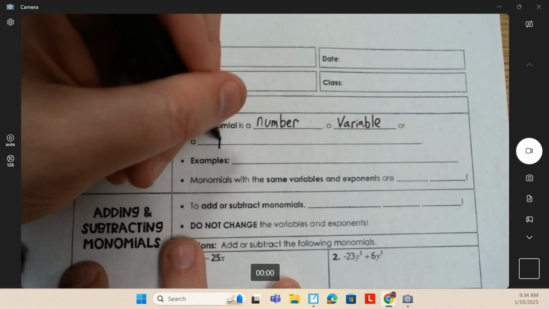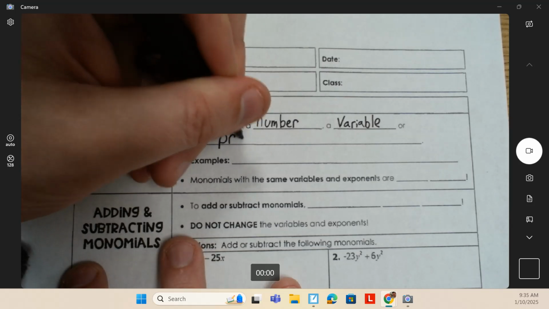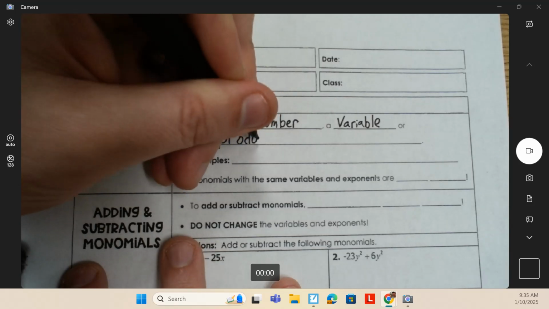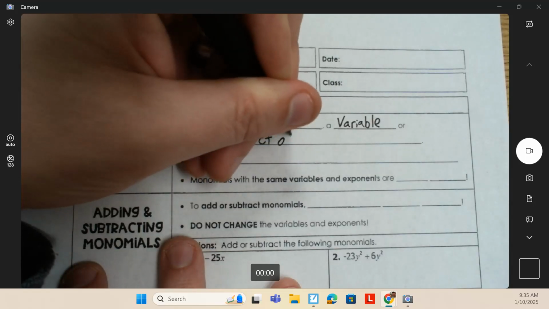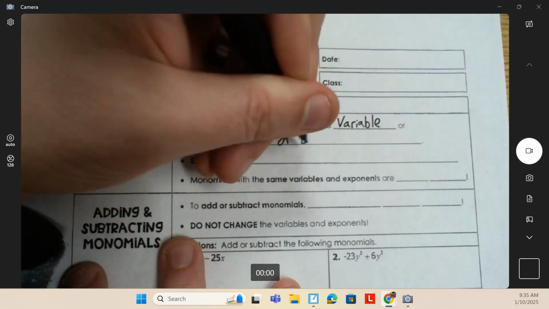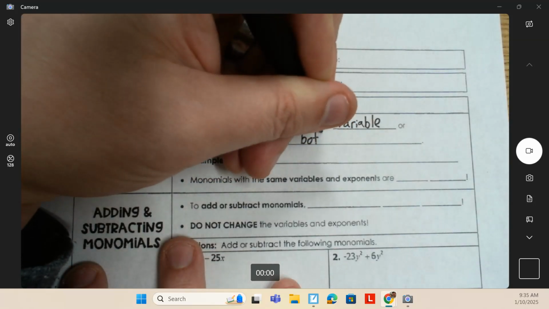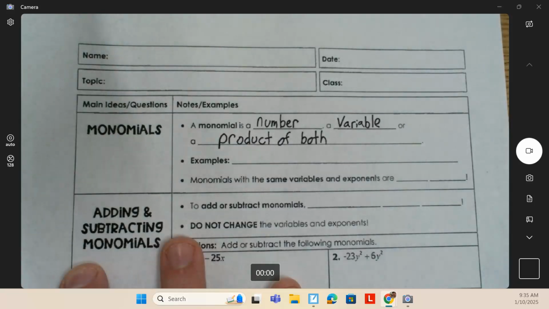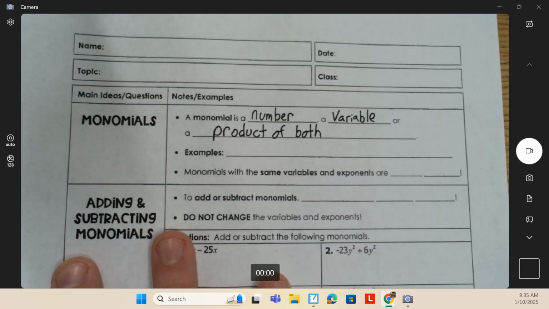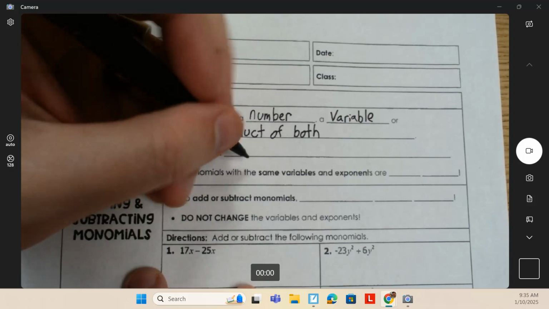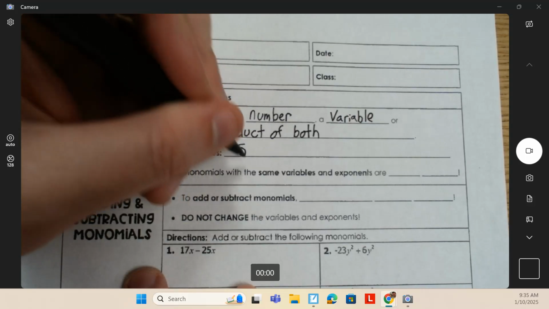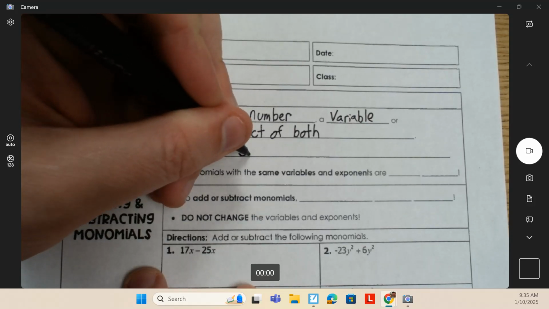So product of both. So examples of that, you could just have something like the number 5. That would be considered a monomial.